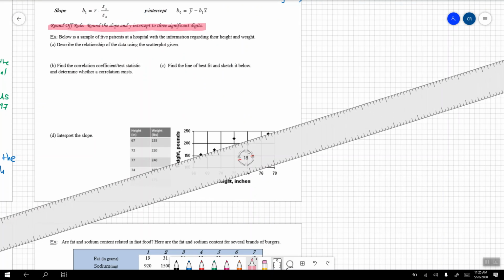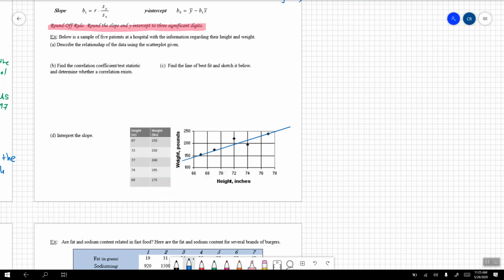All right, so I'm just going to draw my line here. So this does appear to be linear. I'm going to say linear correlation. Okay, now what else? Well, this line, as x increases, y increases, so we can say this has a positive correlation. Alright, pretty good so far.